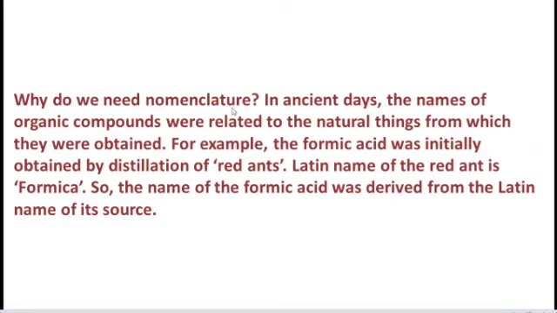Why do we need a nomenclature? That is classification. Classification is important. In ancient days, the names of organic compounds were related to the natural things from which they were obtained. For example, formic acid was initially obtained by distillation of red ants.